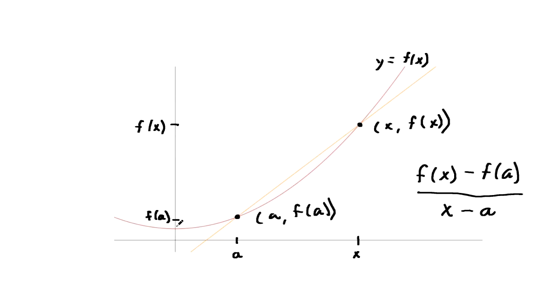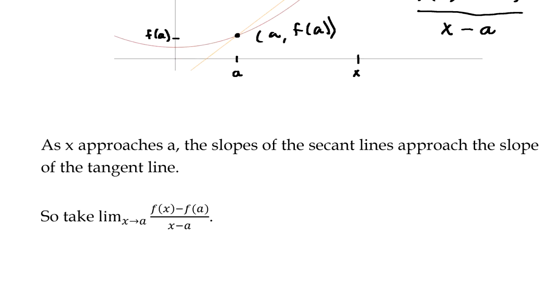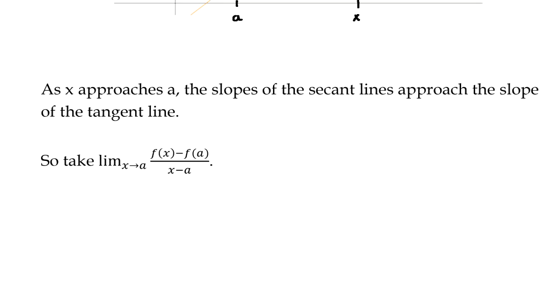Now as x approaches a, the slopes of the secant lines approach the slope of the tangent line. So let's take the limit as x approaches a of that expression right there.